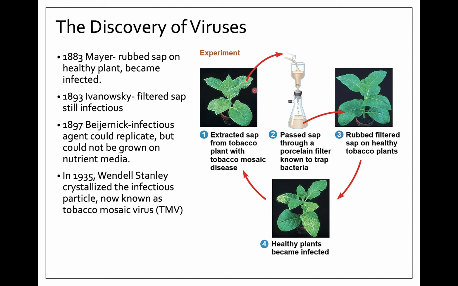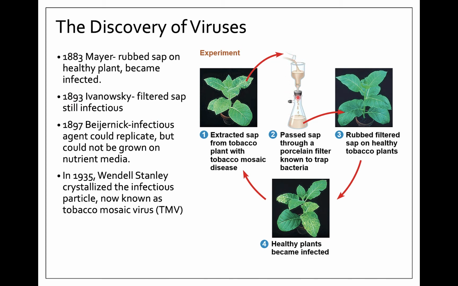And the first step in figuring out that this was transmissible is that Mayer took some sap from a sick plant and then rubbed it on a healthy plant, and they figured out that the sap could transmit the disease, which they thought was a bacterium. So to try to isolate the bacterium, in 1893, what they did was they filtered it.